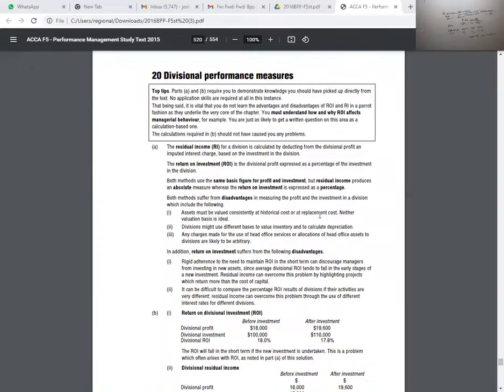We shall be using what we call net book value after depreciation. Number two, divisions may use different bases to value inventory and to calculate depreciation. Number three, any charges made for the use of head office services or allocation of head office assets to divisions are likely to be arbitrary.